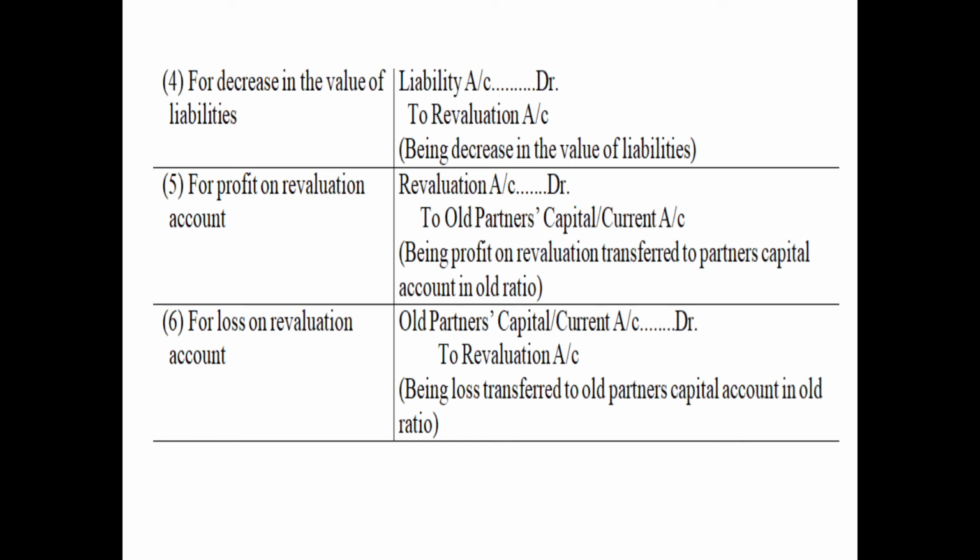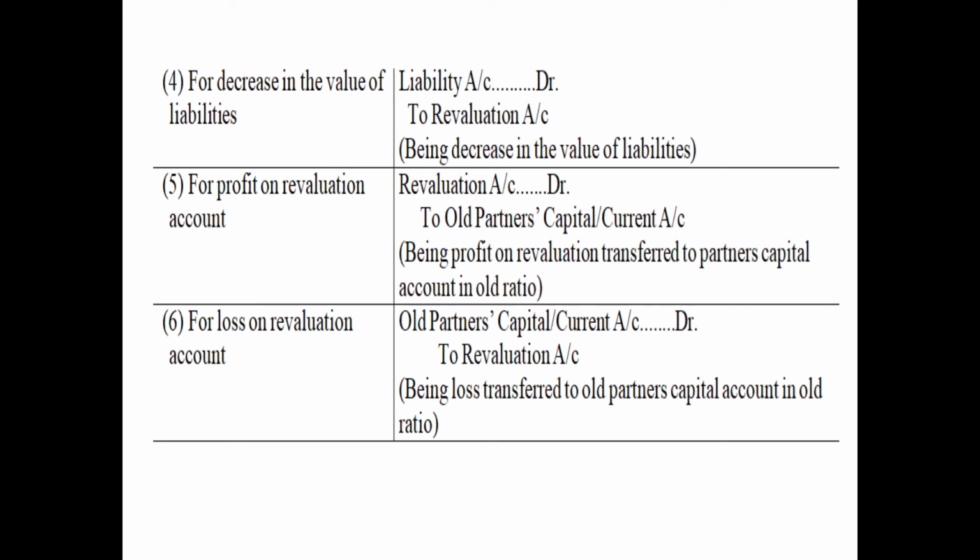And what else is to be debited? That will be revaluation account. So for profit on revaluation, the entry will be revaluation account debited to old partners' capital or current account, depending on the method of capital. The narration can be, being profit on revaluation transferred to partners' capital account in the old ratio.